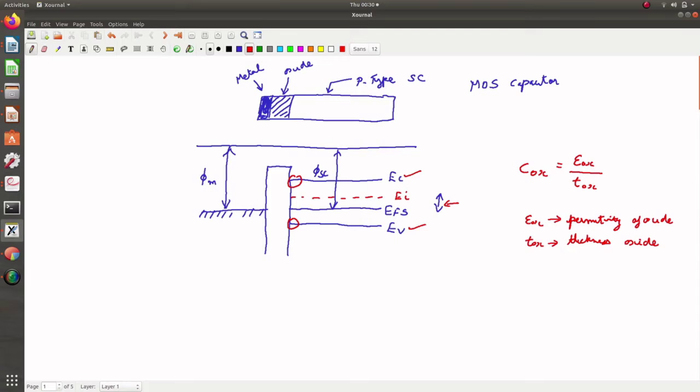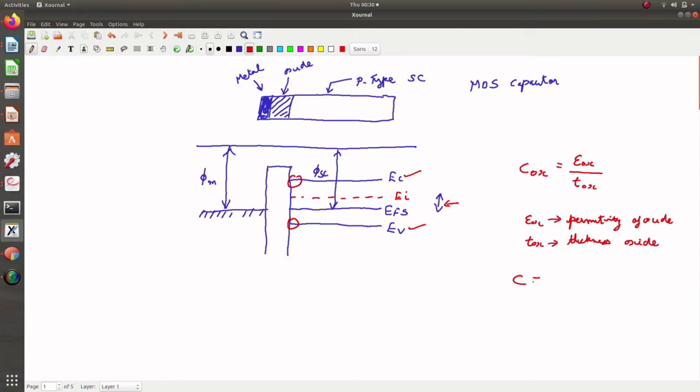Under equilibrium, the capacitance of the entire MOS system is due to the capacitance of the oxide layer, capacitance formed across the oxide layer.